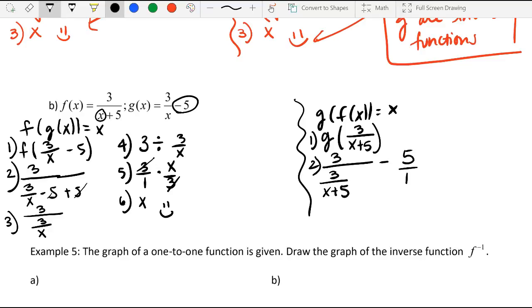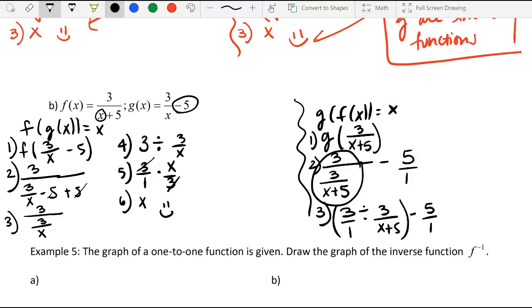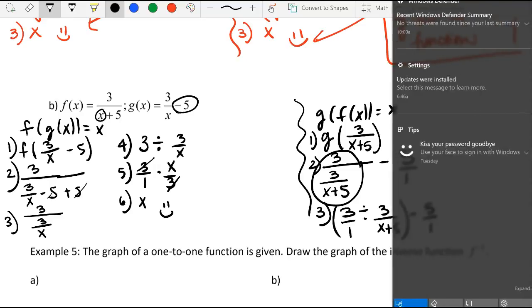like 5 over 1. So step number 3, I will do division first. So that's 3 divided by 3 over x plus 5. Division takes precedence over subtraction. Step number 3 is that.